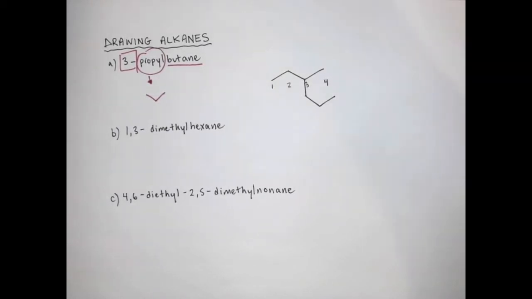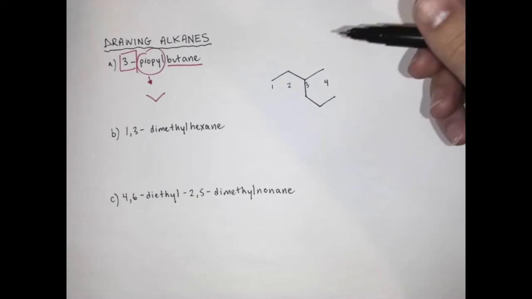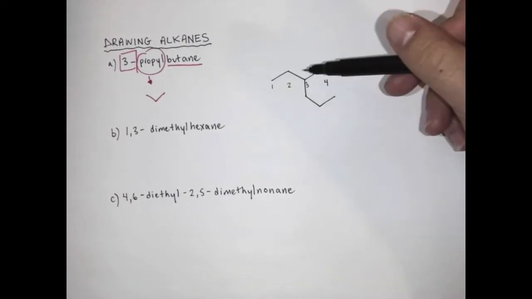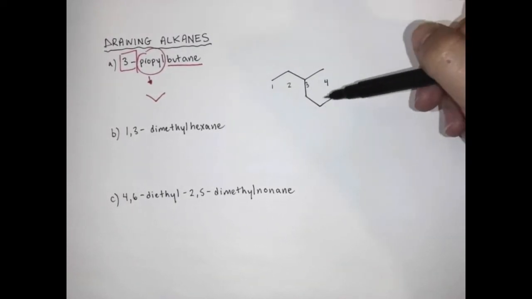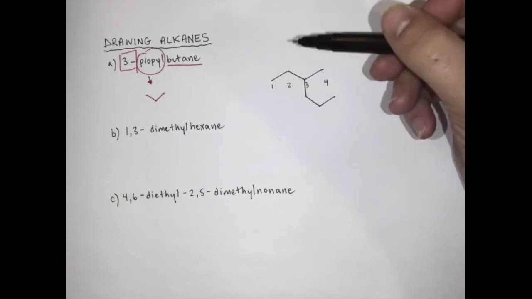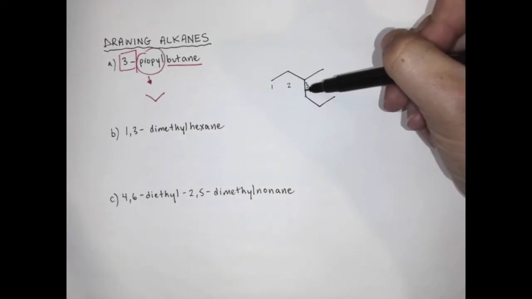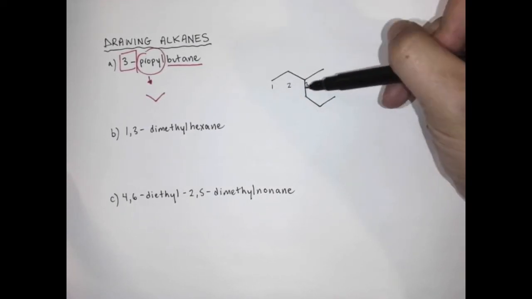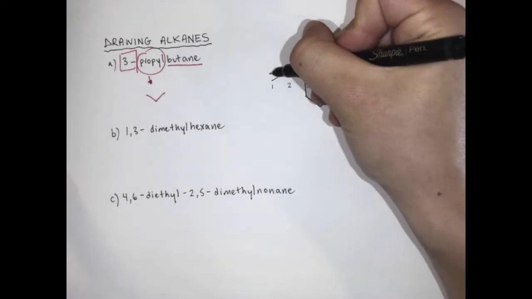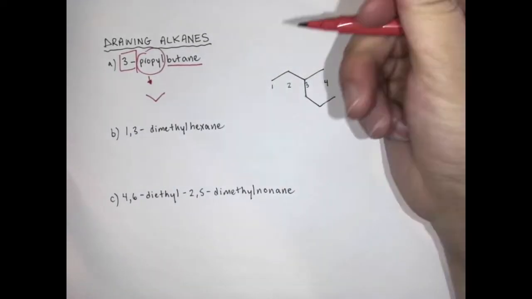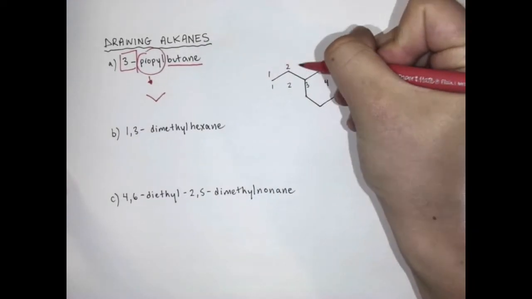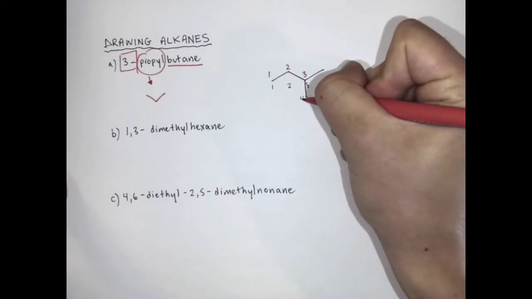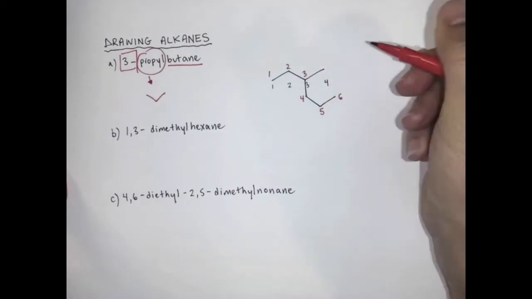So here's the issue. The longest continuous chain is not a butane. The longest continuous chain is not 4 carbons. It's actually 1, 2, 3, 4, 5, 6. It's actually 6 carbons in length. So the longest chain, I'll draw it in red, is 1, 2, 3, 4, 5, 6.